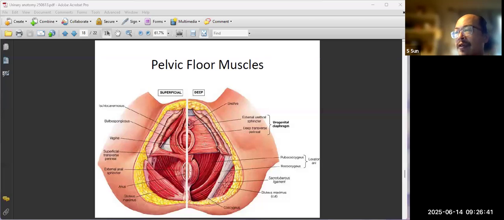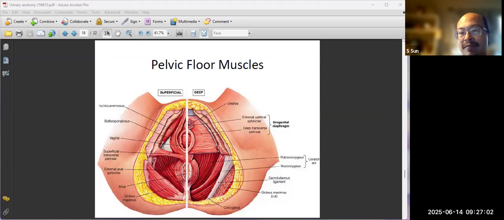So the pelvic floor has many layers of muscle. The most outer layer right here, there's something you are very familiar with. That's the gluteus maximus. That's your butt muscle. And next to that, you have the anus.